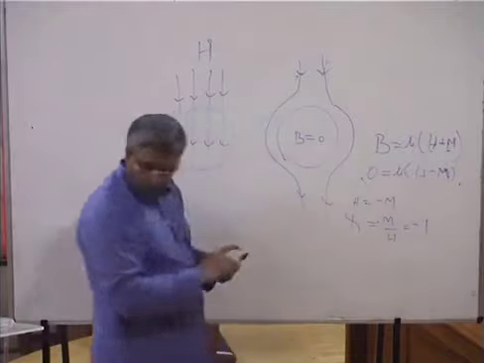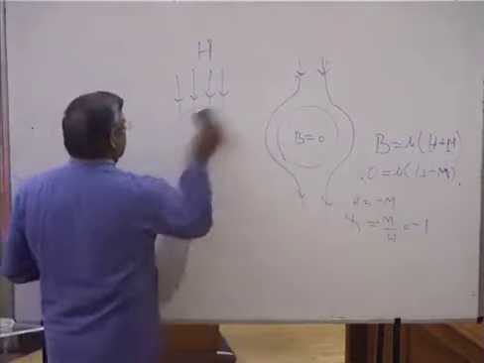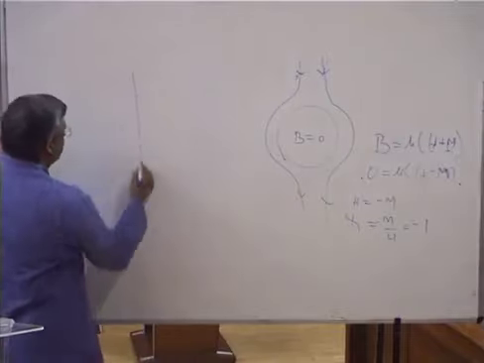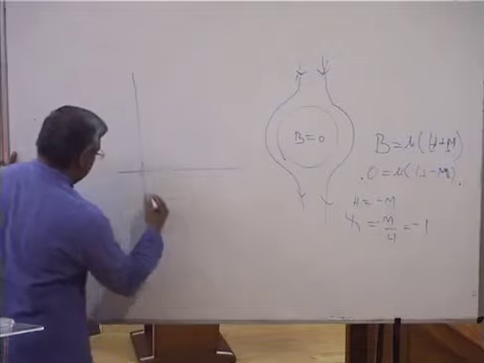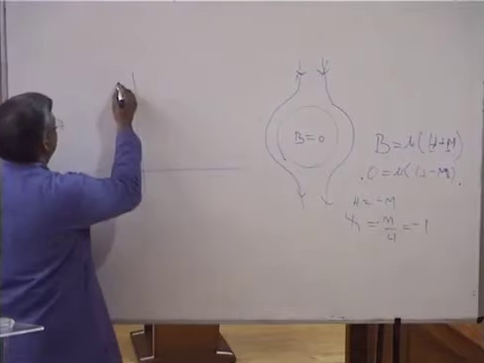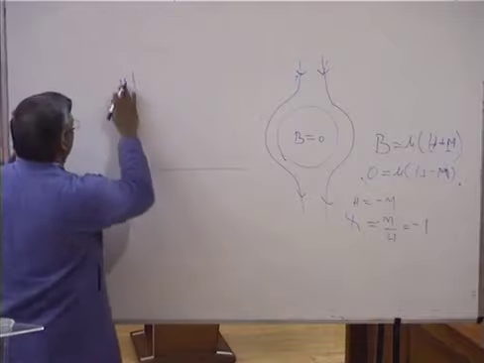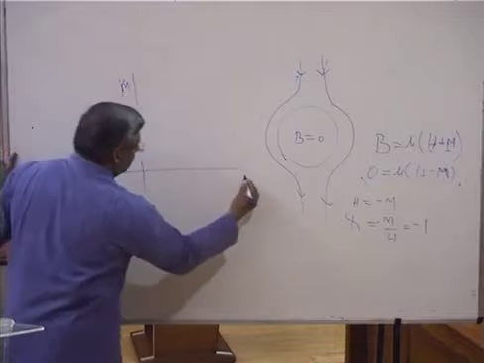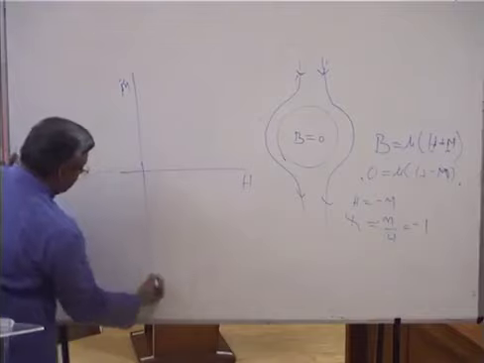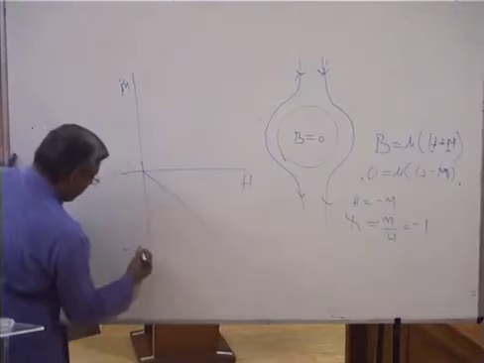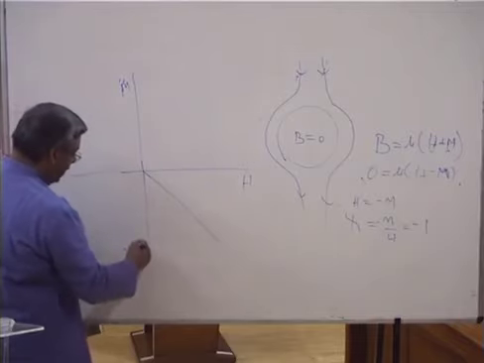See, if you draw a curve between applied magnetic field and magnetization, you will find an amazing thing. If this is the applied magnetic field, and this is the magnetization corresponding to it, we see a kind of curve which can be drawn only in the negative axis, the fourth quadrant.